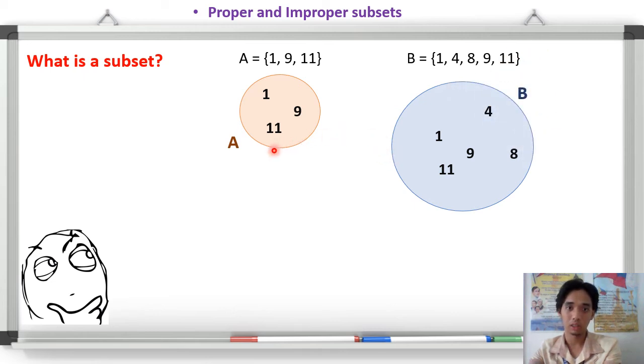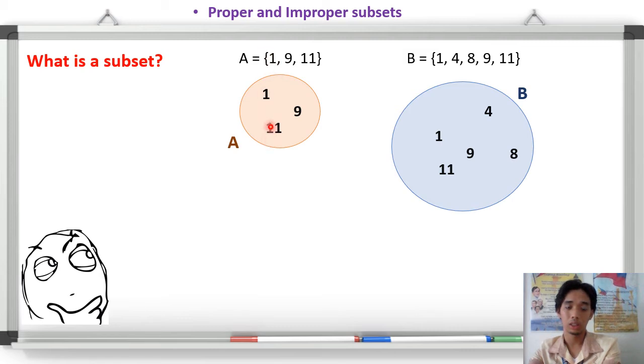So as you notice, what did you notice from these two sets, set A and B? Look at their elements. Set A has 1, 11, 9. Set B has 1, 11, 9, 4, 8. Do they have common elements? Yes, they have.